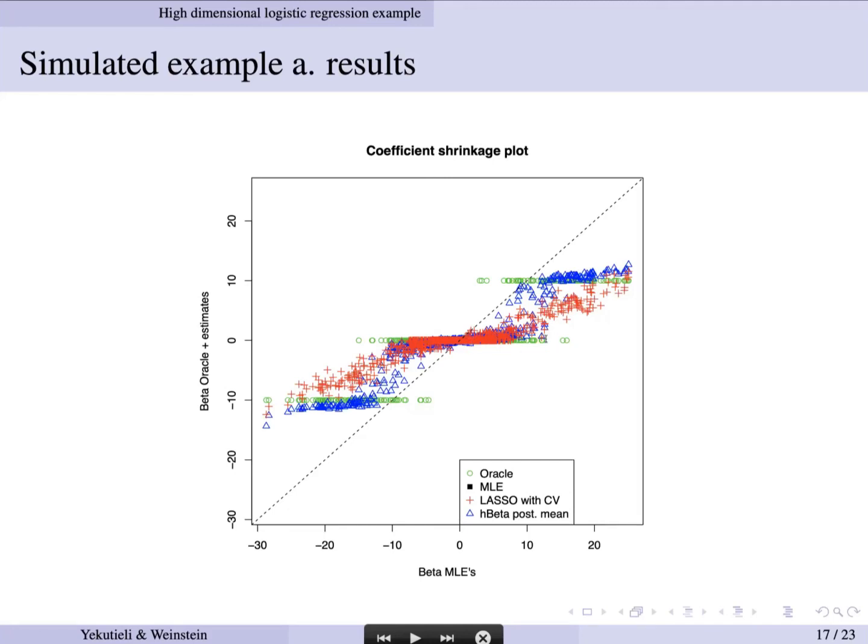So this shows how difficult the estimation problem is, okay? Is this clear what this graph shows? In cases where the beta hat MLE is negative, we know it's the negative guy. Here is where we're confused.